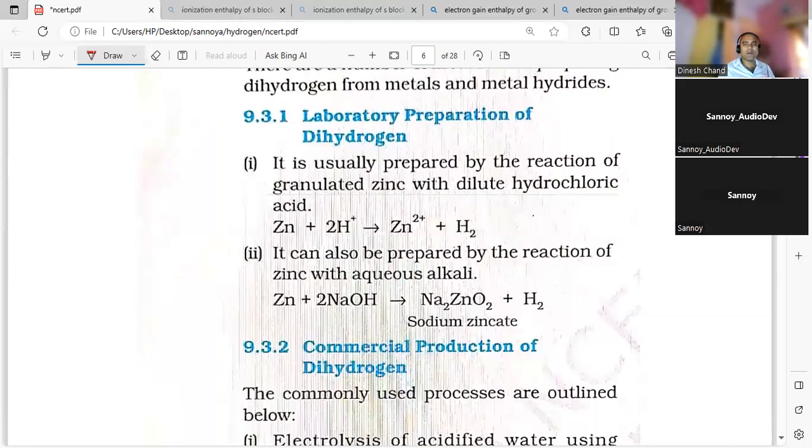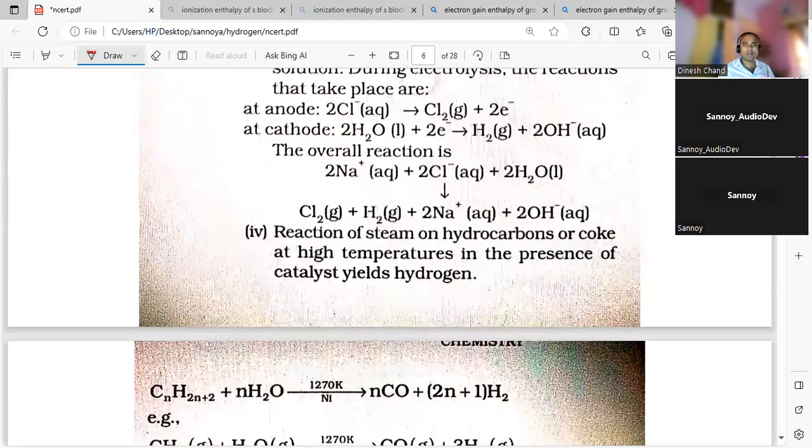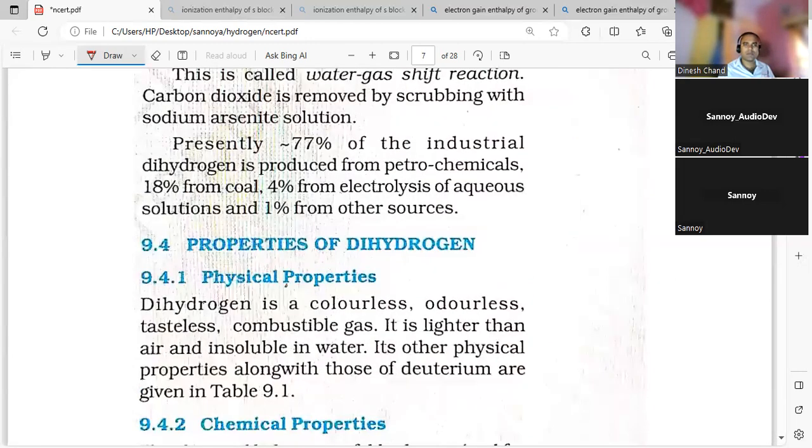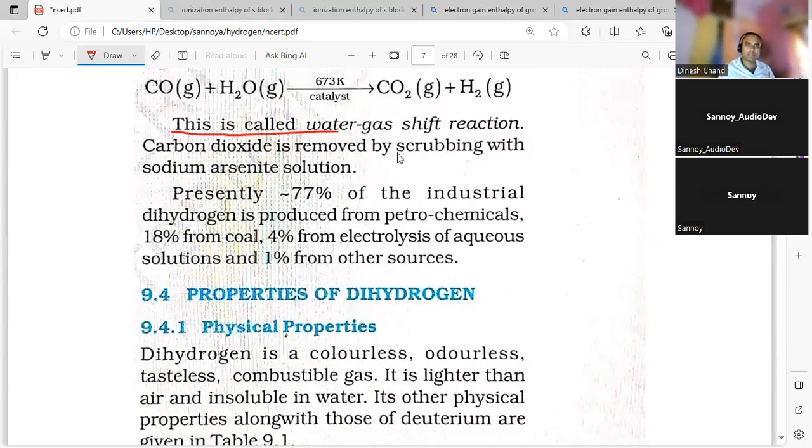Preparation and properties of hydrogen we have already done, not more than that. If you want more, you can. Here, see, one more point: this is called the water gas shift reaction. Carbon dioxide is removed by scrubbing with sodium arsenate solution.